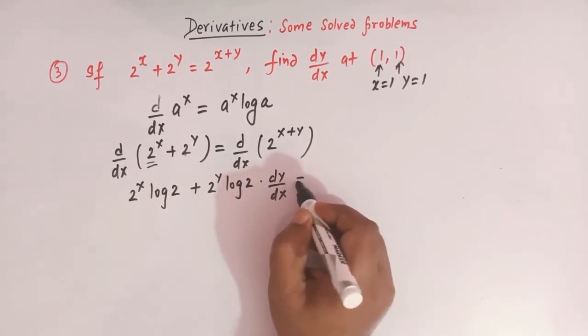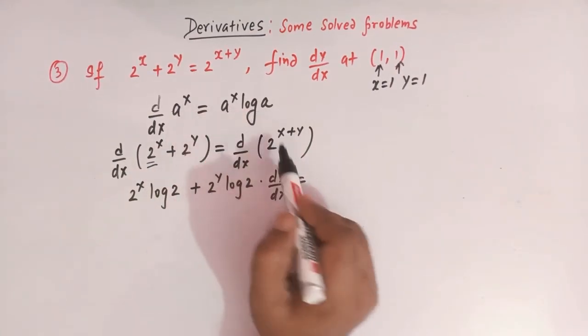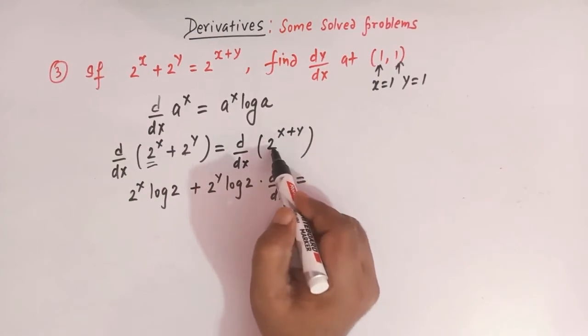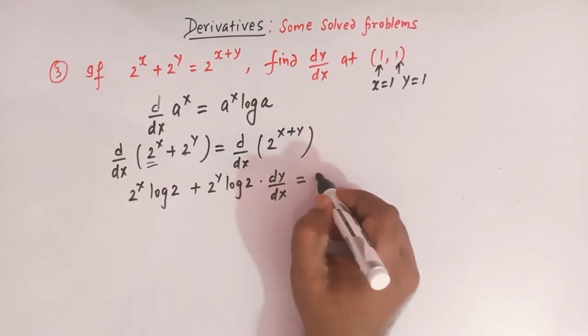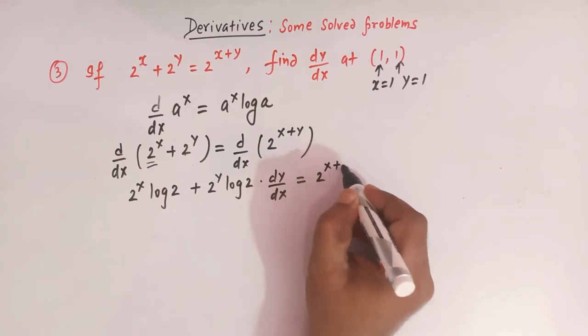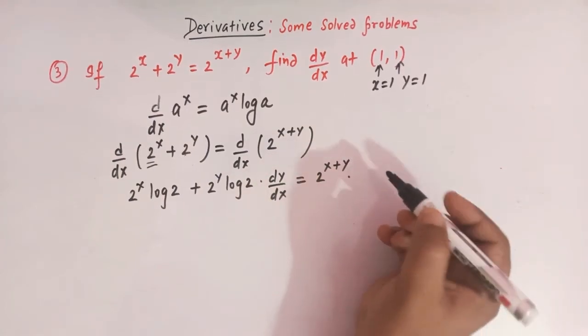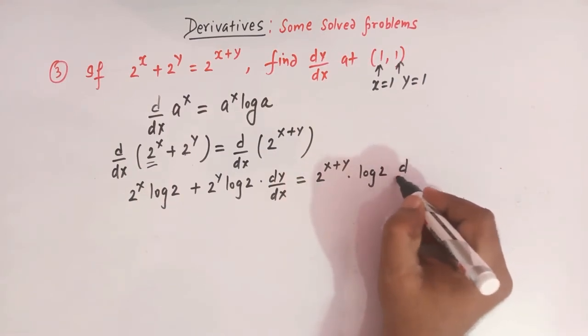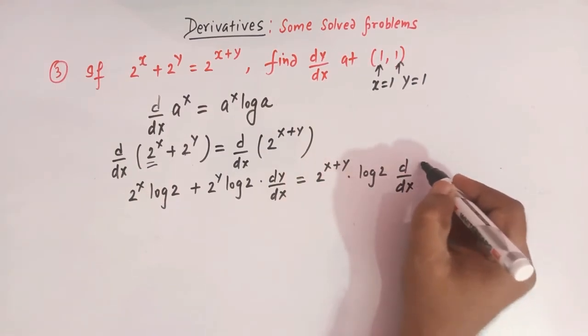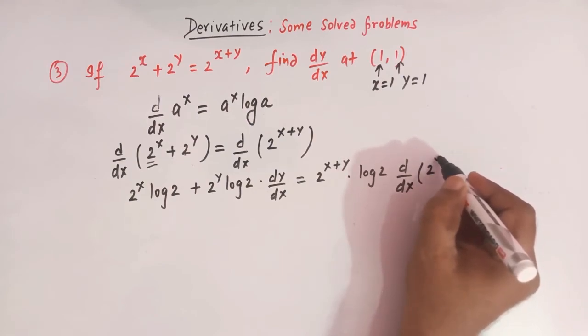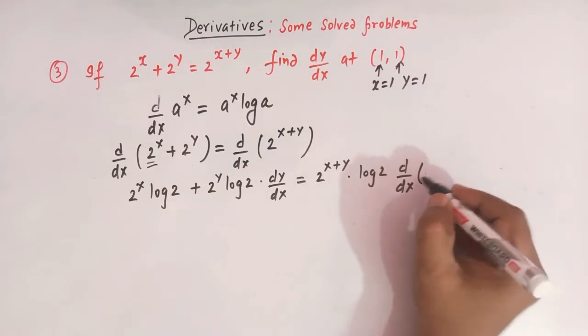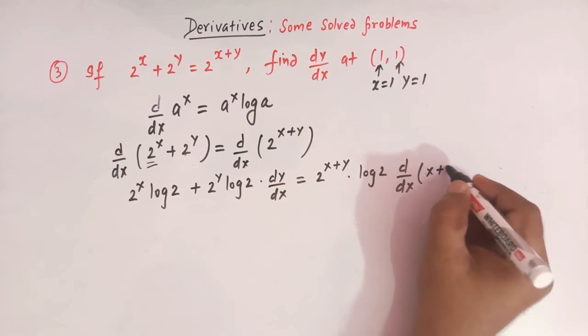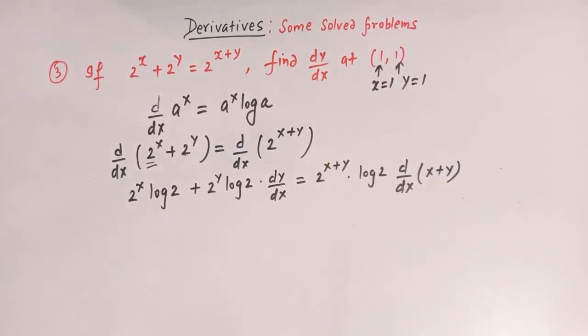Now let us apply the same result to this expression. We have 2 raised to x plus y, so the derivative is 2 raised to x plus y, then we have a log of 2, and then by chain rule we'll have d by dx of x plus y.